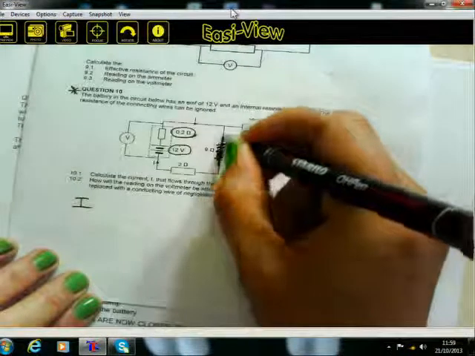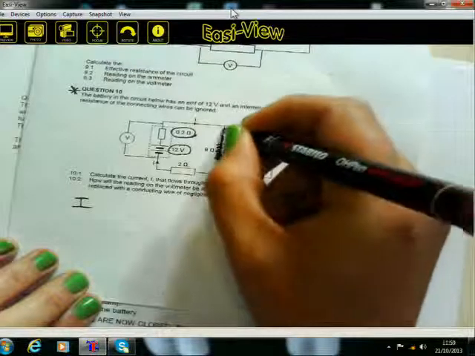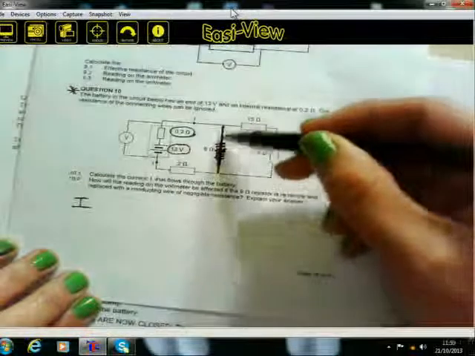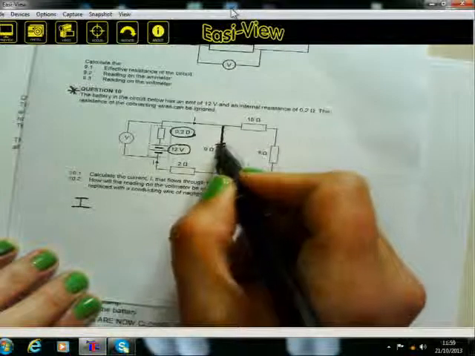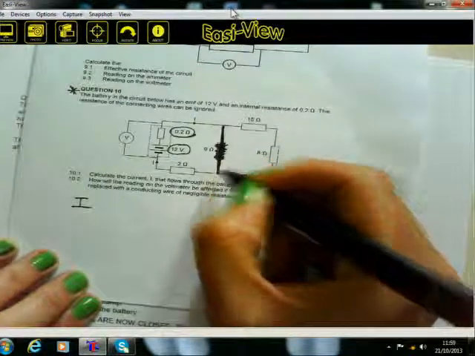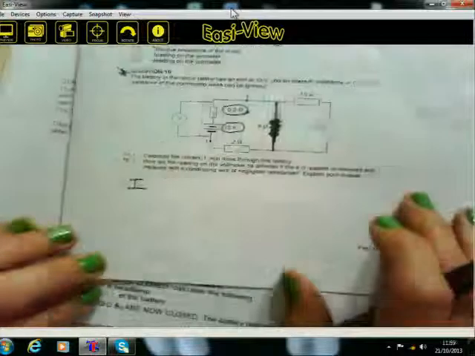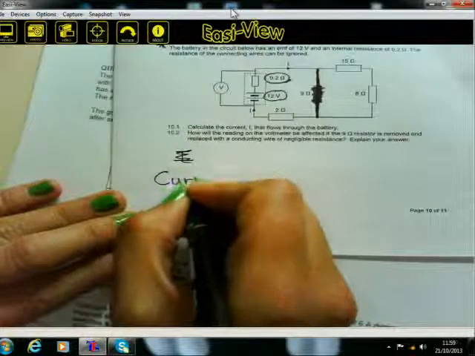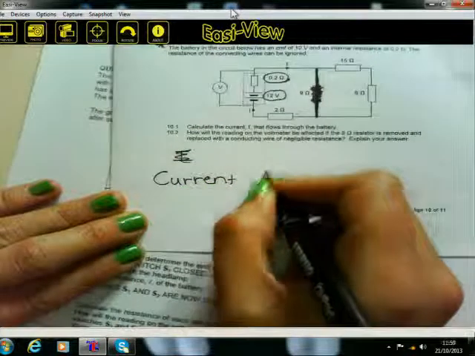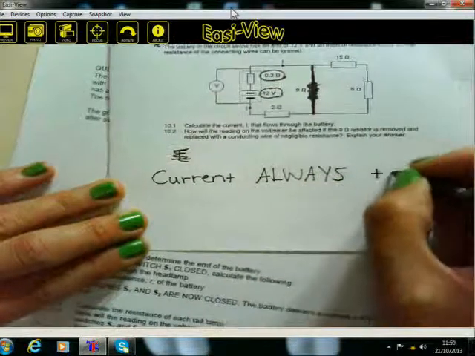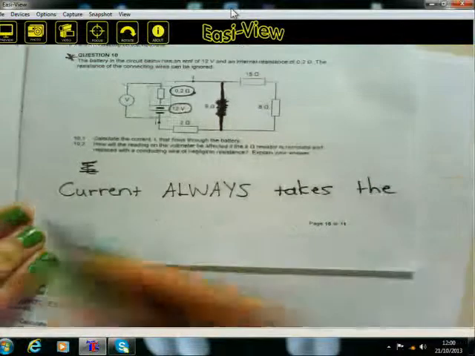And then these two will also have different signs, because V lost plus V external has to give the EMF, which is a constant value. So V lost plus V external must equal EMF. So if V lost goes up, that means V external must go down. So adding these two will still give me this constant value of EMF.